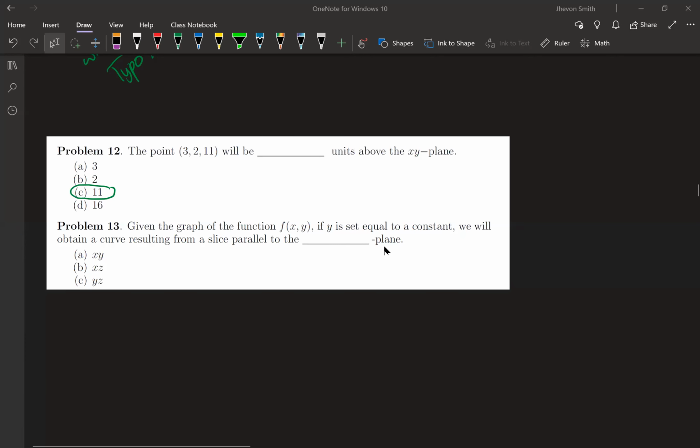Problem 13, poll launched. Okay, I'm going to stop it in like 5 seconds.